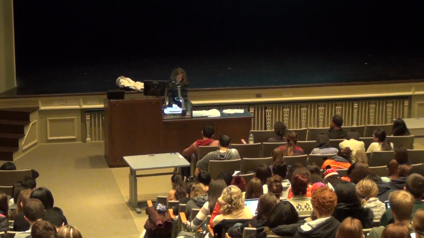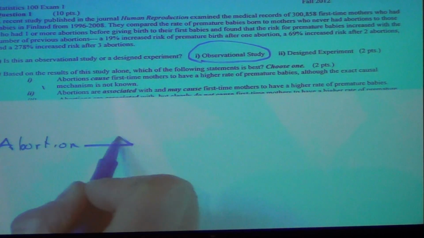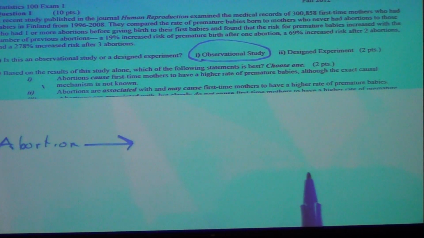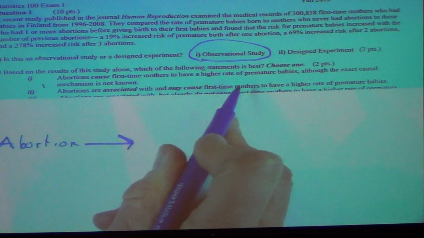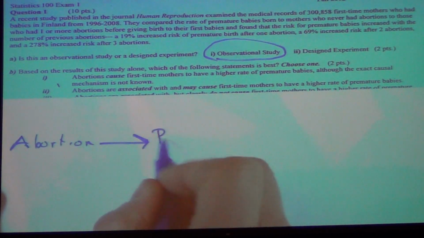So, based on the results of only this study, which of the following statements is best? Abortions cause mothers to have more prematurity. It causes premature babies.